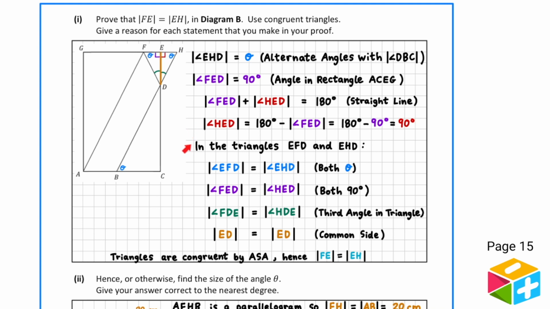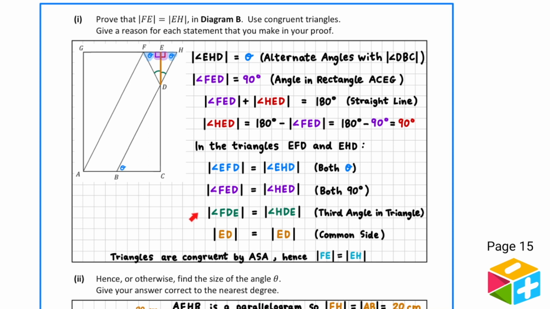Now that we've filled in some of our angles, we're ready to compare the triangles EFD and EHD. The angle EFD is equal to the angle EHD because they've both been labelled with theta. The angle FED is equal to the angle HED since they're both 90 degrees.